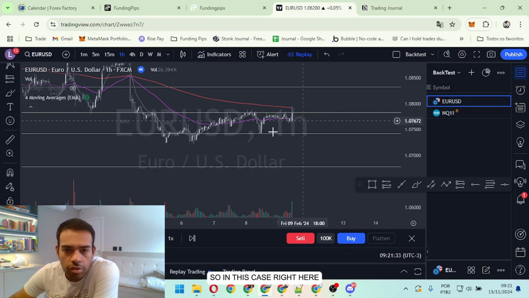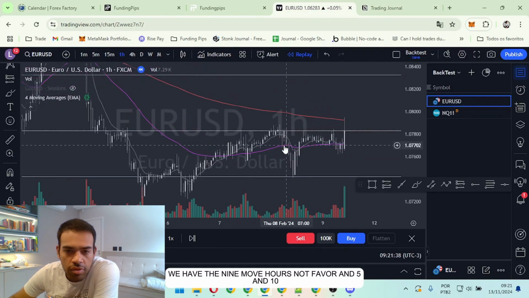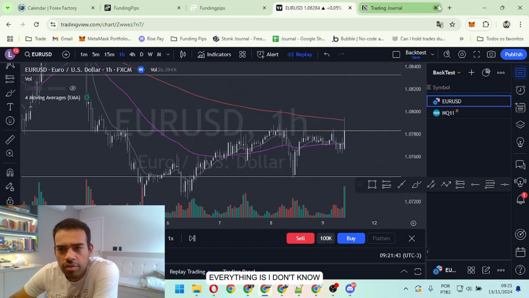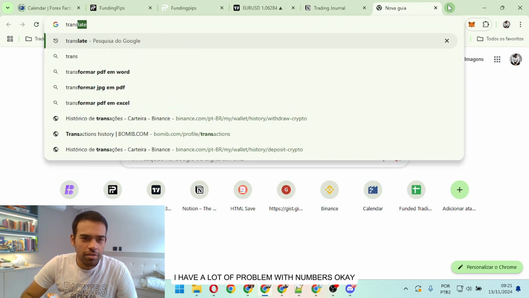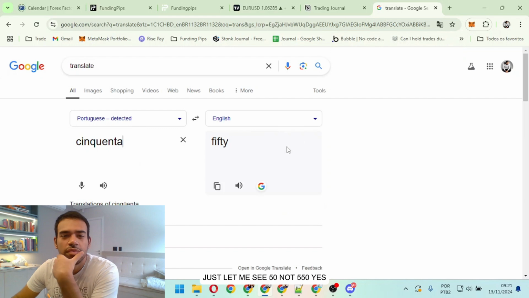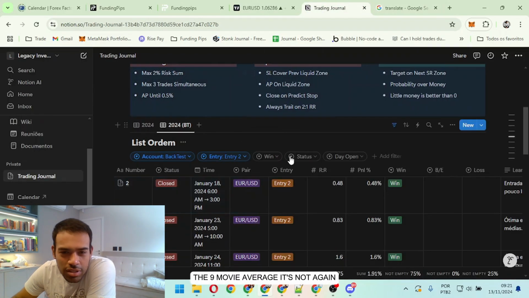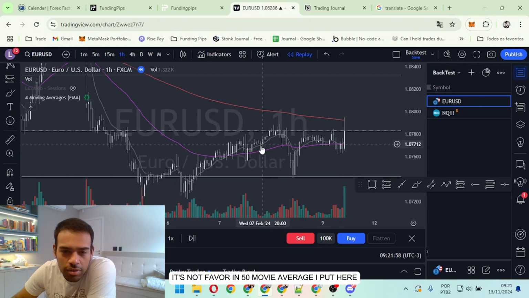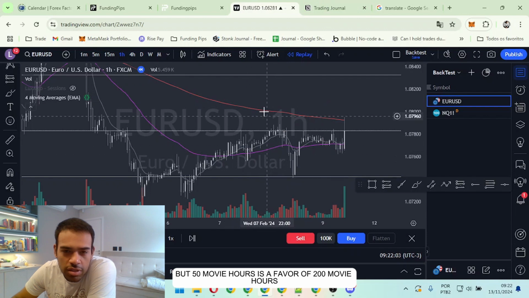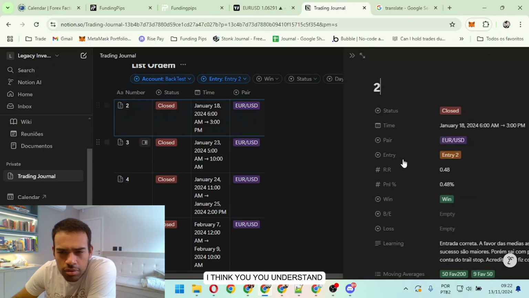For example, in this case we have the 9 moving average not in favor, and the 50, I have a lot of problems with the numbers. Let me see, 50, yes. The 9 moving average is not in favor, the 50 moving average I put here, but the 50 moving average is in favor of the 200 moving average. Yeah, I think you understand.